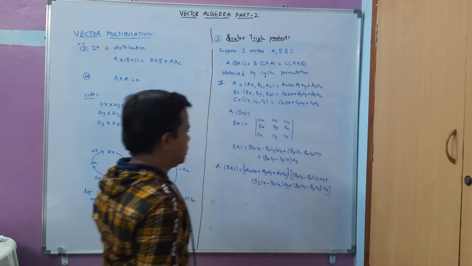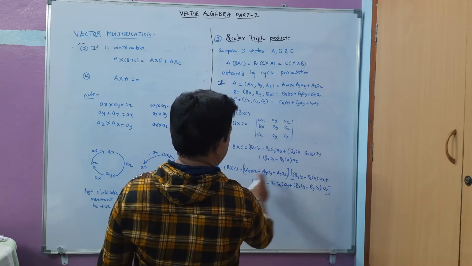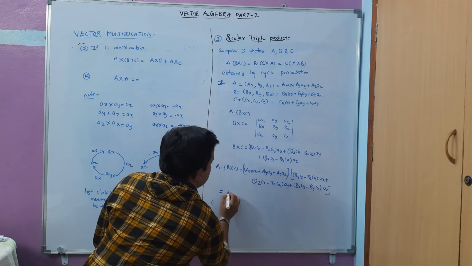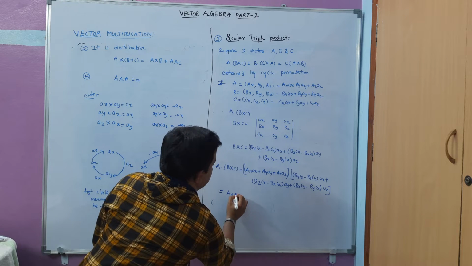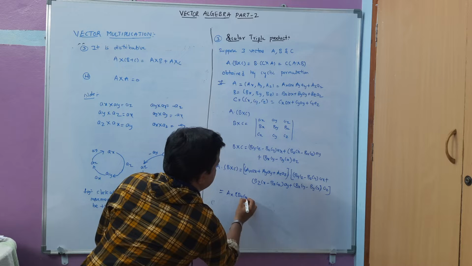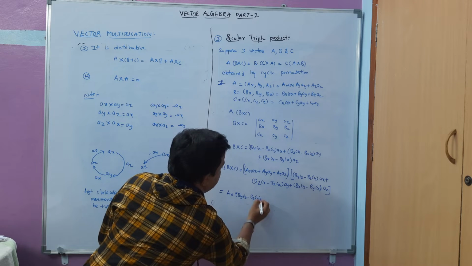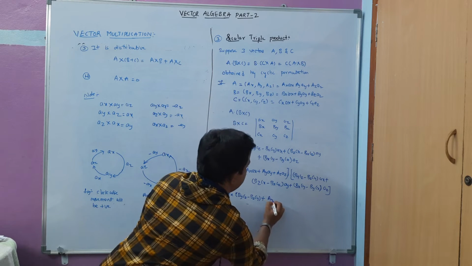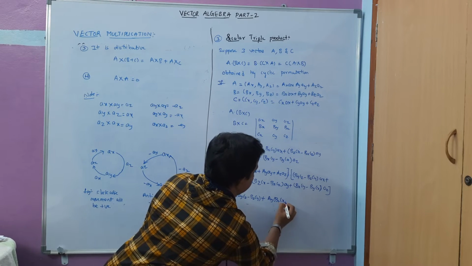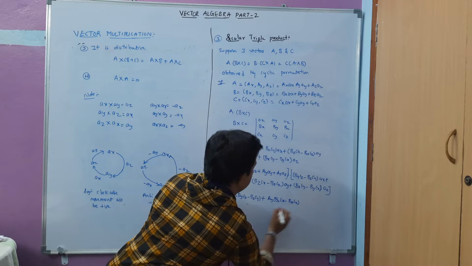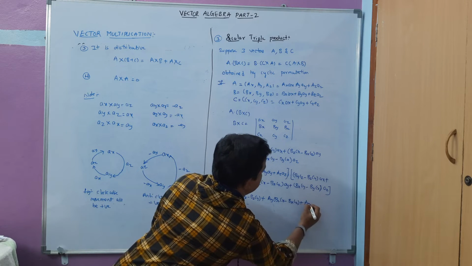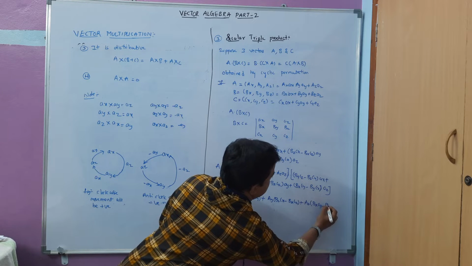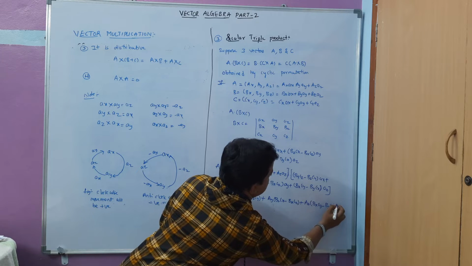Okay, the dot product of AX dot AX is 1, AY dot AY is 1, AZ dot AZ is 1. I will take just the product here: AX into BY CZ minus BZ CY, plus AY into BZ CX minus BX CZ, plus AZ into BX CY minus BY CX.